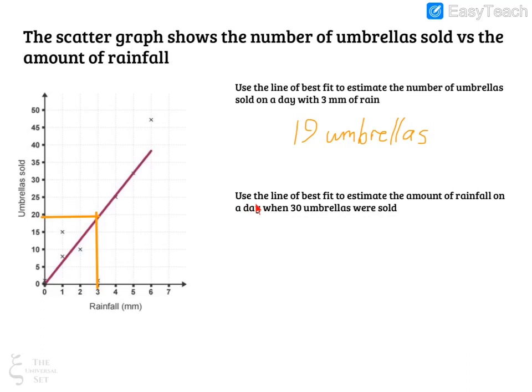Let's look at this one then. Use the line of best fit to estimate the amount of rainfall on a day when 30 umbrellas were sold. So 30 is here, 30 umbrellas. I'm going to do the same thing, but this time the first thing I'm going to do is go across. So I start at where it says 30 umbrellas. I go across until I hit that line of best fit, and then I come straight down to the other axis to see, well, it's somewhere in between 4 and 5, but it's closer to 5, isn't it?